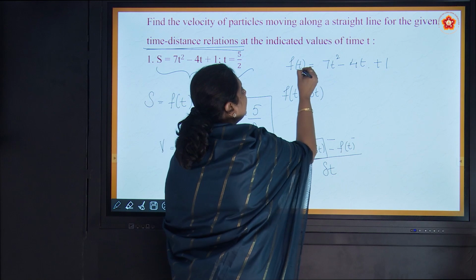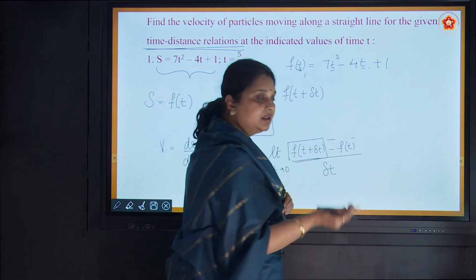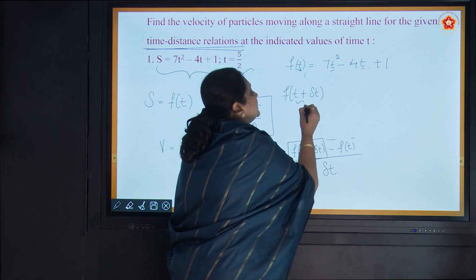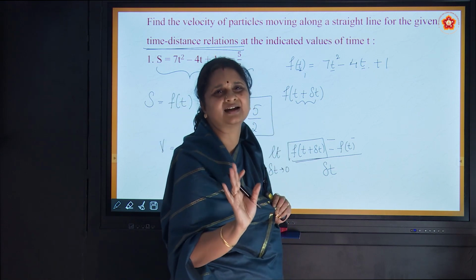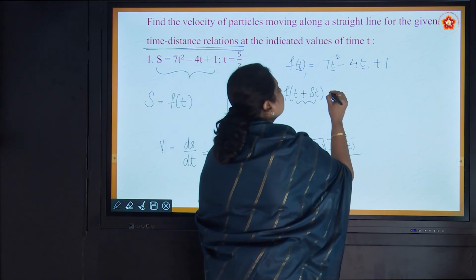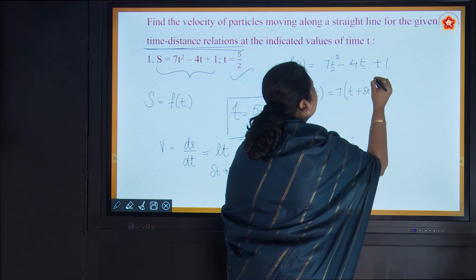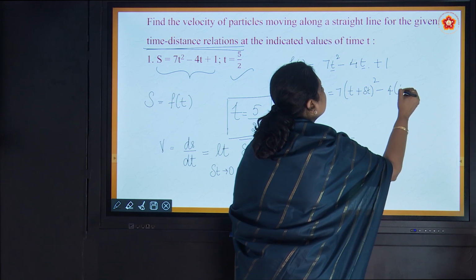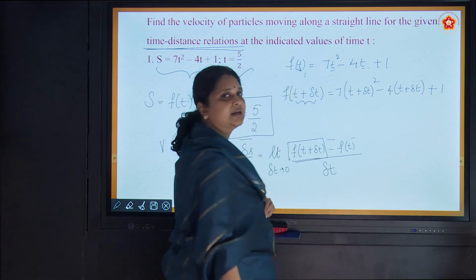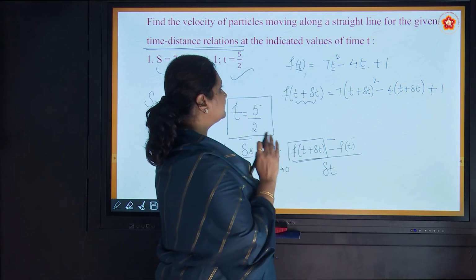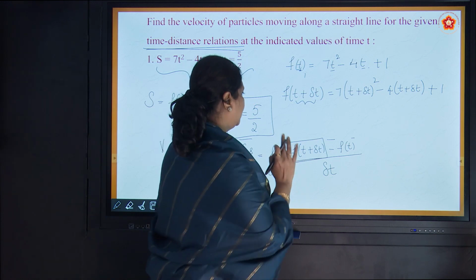When I have t inside the bracket, I have t's everywhere on the right-hand side. Now what do I have inside the bracket? I have t plus delta t. So in place of t, I should replace t plus delta t. It's as simple as that. So instead of t, I'll write 7 into t plus delta t the whole square minus 4 into t plus delta t. There is no t in the last term, so I just keep it as a constant here. So this is my function translation. It's very, very simple. You'll be able to do it.